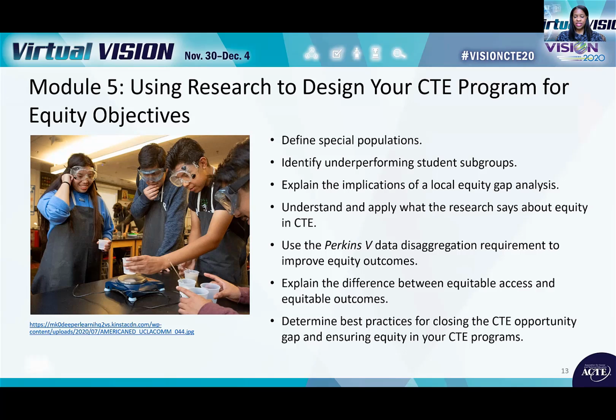You'll be able to identify underperforming student subgroups and explain the implications of a local equity gap analysis. Most importantly, you will be positioned to understand and apply what the research says about equity in CTE.